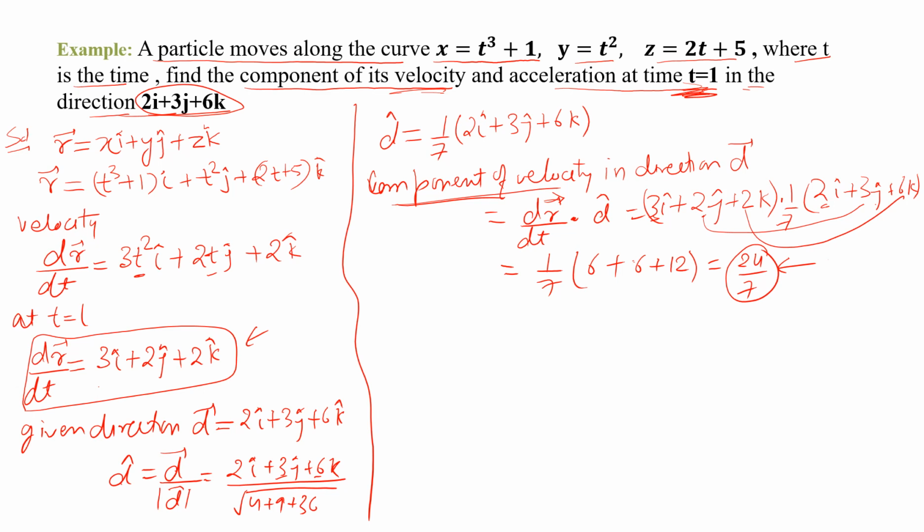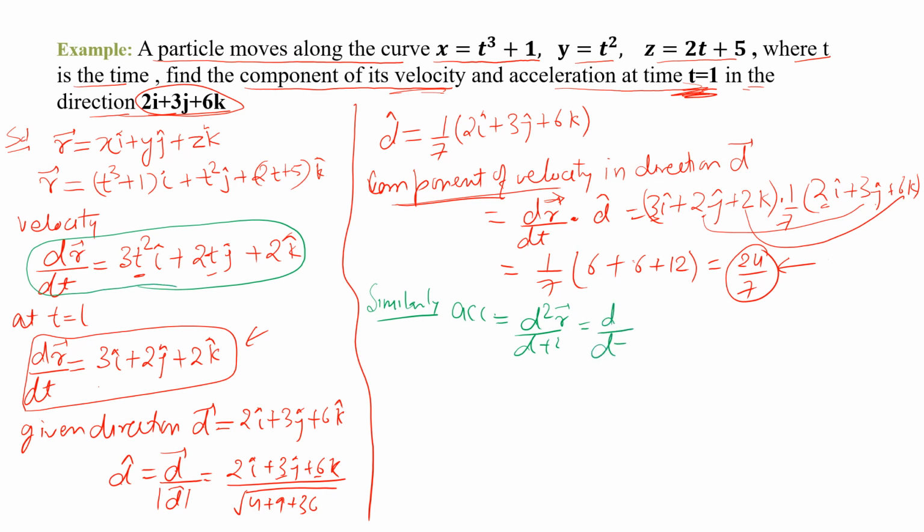Now similarly we can easily find the acceleration. The acceleration is d2r by dt2. That is, we take the derivative one more time of dr by dt.